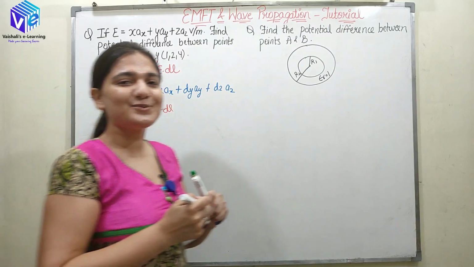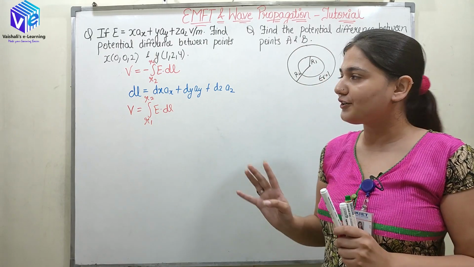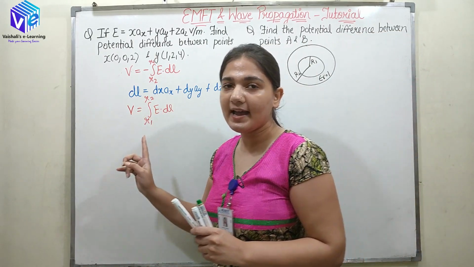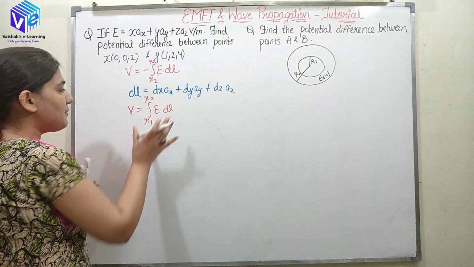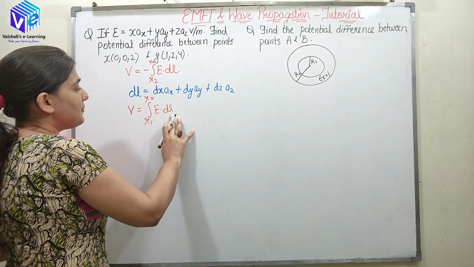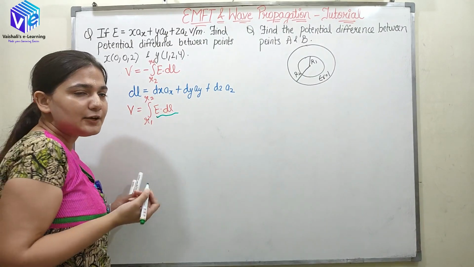Don't get confused that I have removed the negative sign completely. No, I have not removed the negative sign. What I have done is changed the integration limits. Now I'll put the value of E and the value of dl, and let's first compute E dot dl.